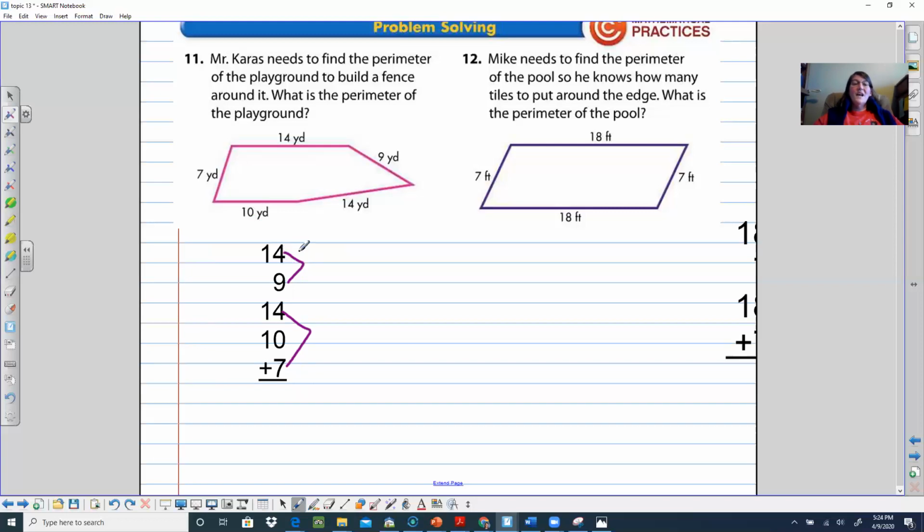So 4 plus 9 is 13. 4 plus 7 is 11. 13 plus 11 is 24. So I put down my 4 and I carried my 2. So now I'm going to start here.